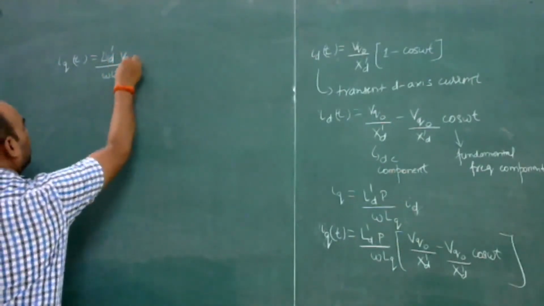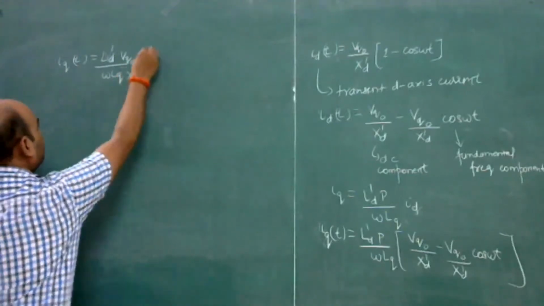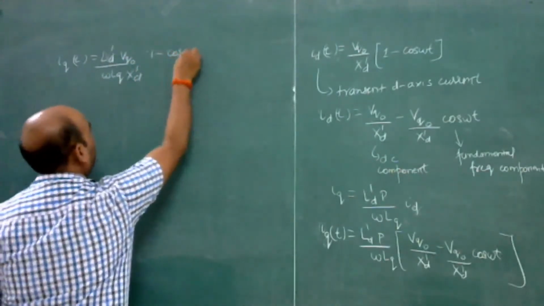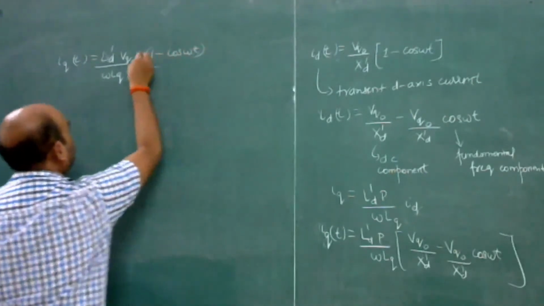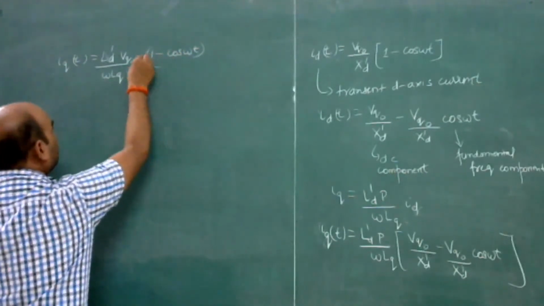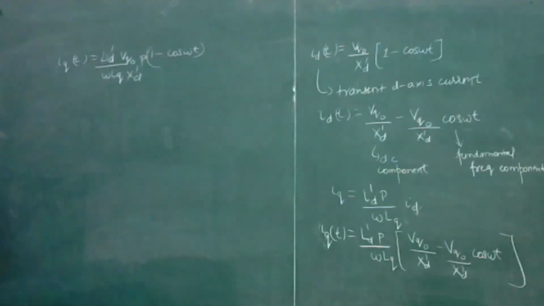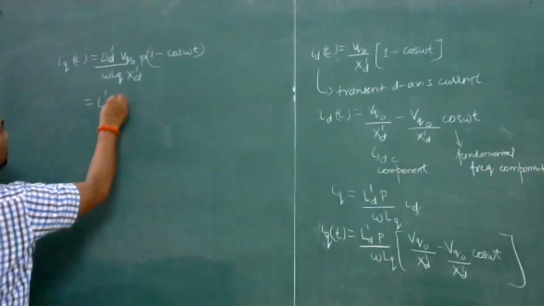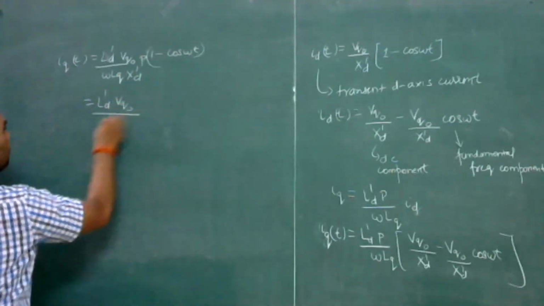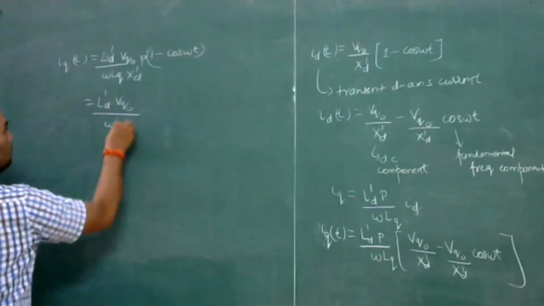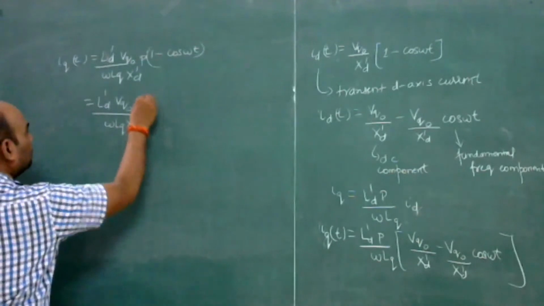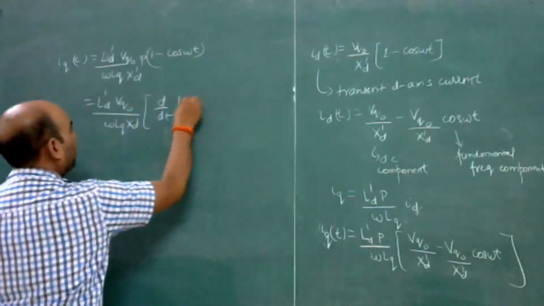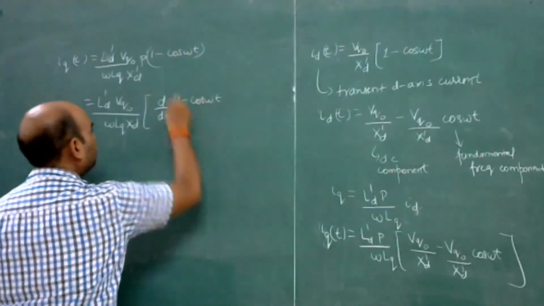So we are left with 1 minus cos omega t, and this is P. Okay. What is P? So this will be equal to LD dash VQ naught divided by omega LQ XD dash times d by dt of 1 minus cos omega t.